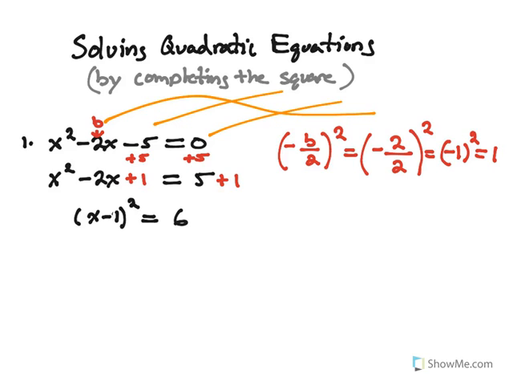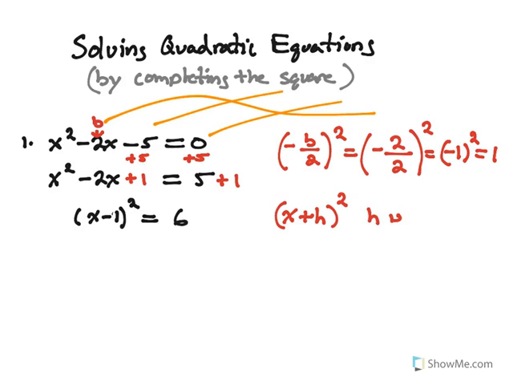And so what we're basically doing is rewriting the left side in this form. We're rewriting the left side as x plus h squared, okay?